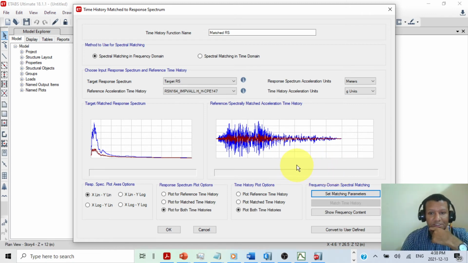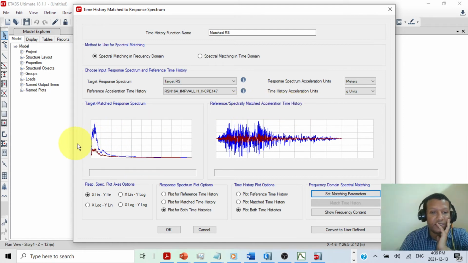It will start matching. So as you can see, this is the target, the matched response spectrum, and this one is the reference match acceleration time.